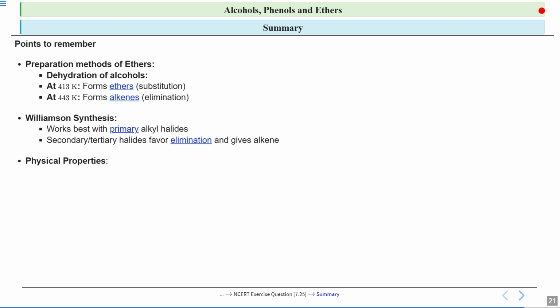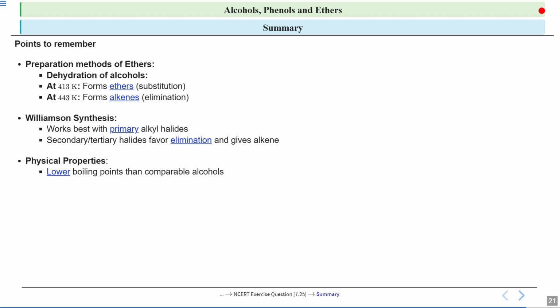Then we discussed some physical properties of ethers. We see that ethers have a lower boiling point than alcohols of comparable molar mass. Okay. Why? Because in alcohols there is strong hydrogen bonding, and in ethers there are weak dipole-dipole interactions. If there is strong hydrogen bonding, you have to give more energy for the molecules to separate.